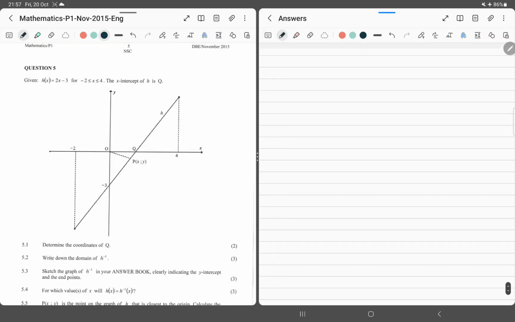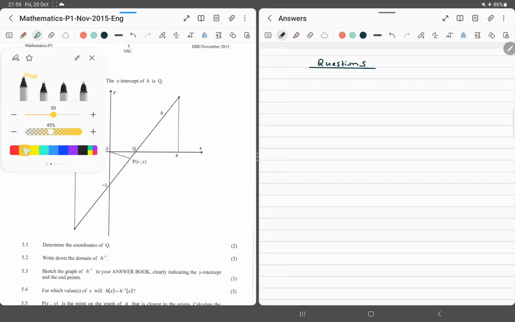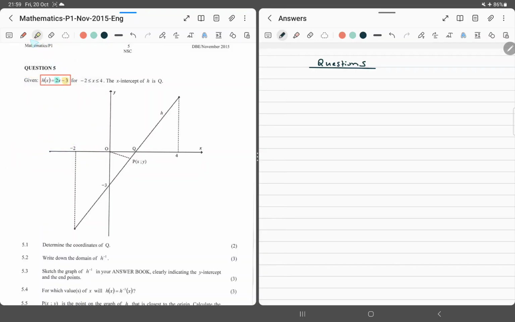Okay, so let's start question 5 here. We are given h of x is equal to 2x minus 3, and we can see that 2 is positive, right? And so we can see this graph has a positive gradient, so that's good. And the y-intercept, remember that constant term is the y-intercept, and we can see it there.